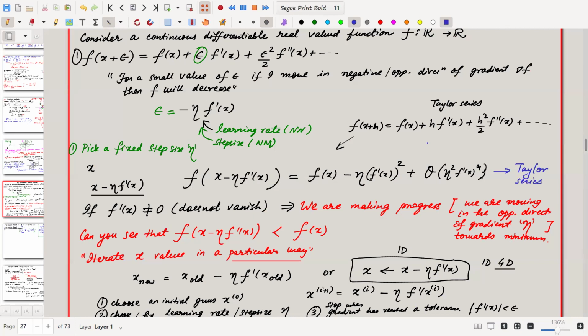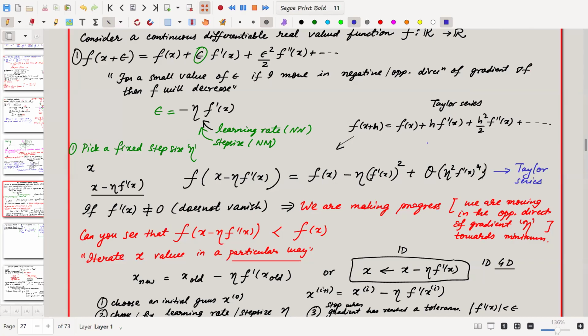If you want to derive gradient descent for n dimensions, or multivariate, expand the Taylor series in n dimensions. That is out of scope. You can know about it, we can prove it, but I'm not going to prove it, because you just got an idea how to expand the Taylor series and derive gradient descent in the simple case.